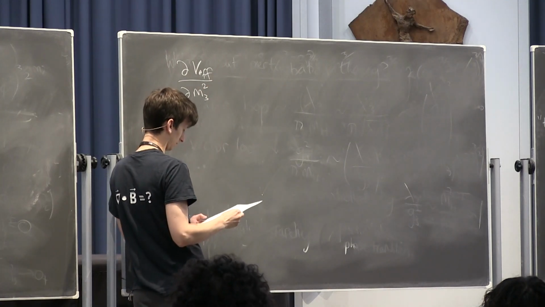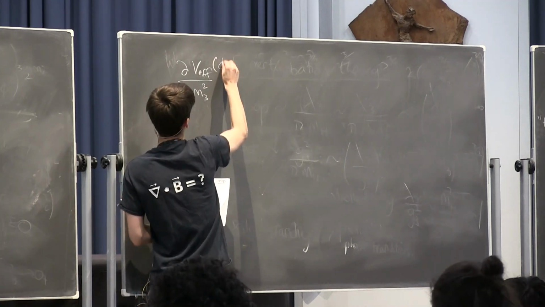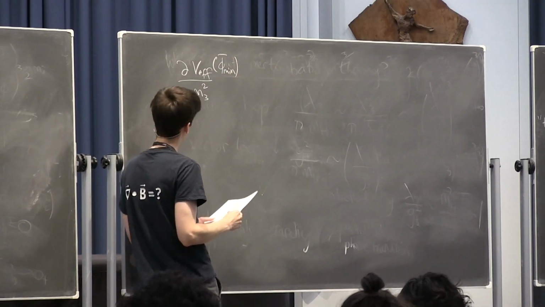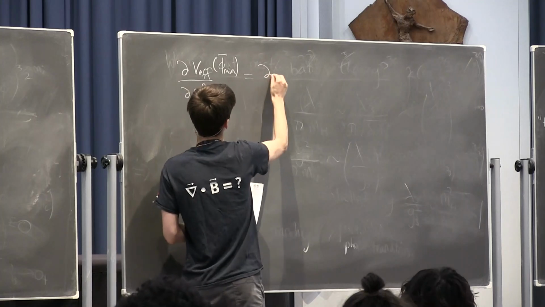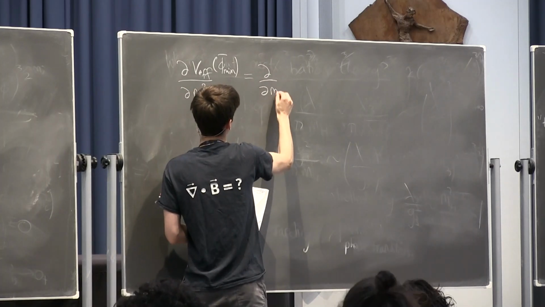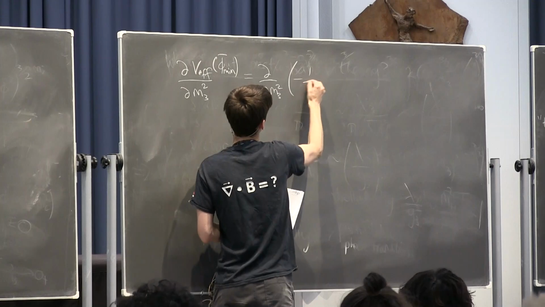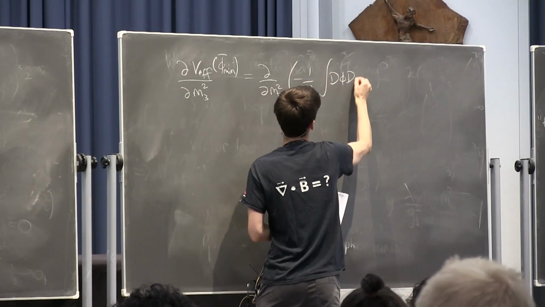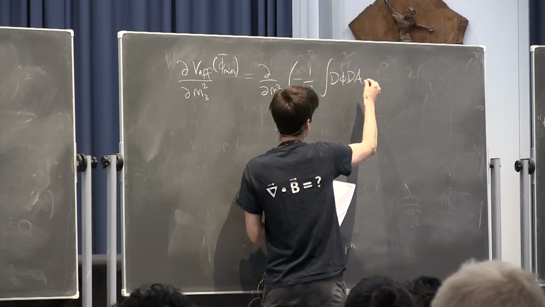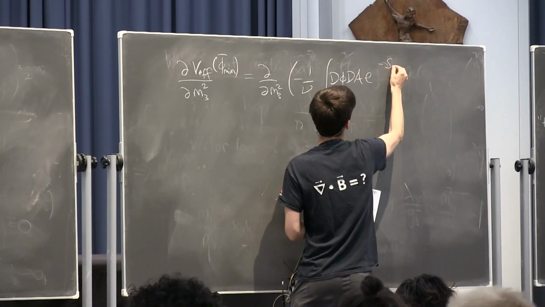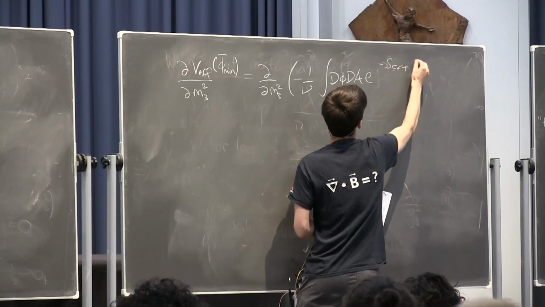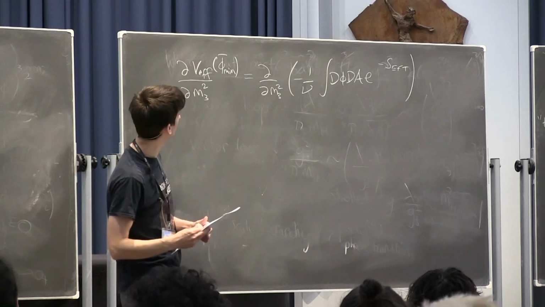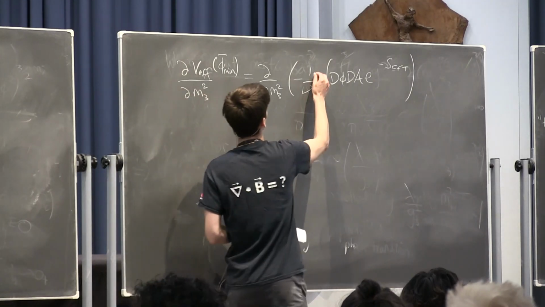What is this? This is evaluated at the minimum. So I can write this as minus 1 over volume, log.